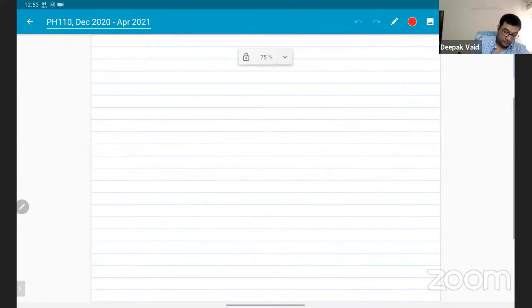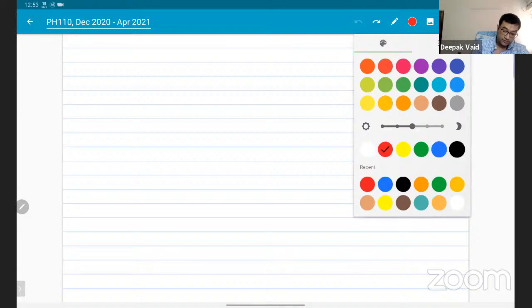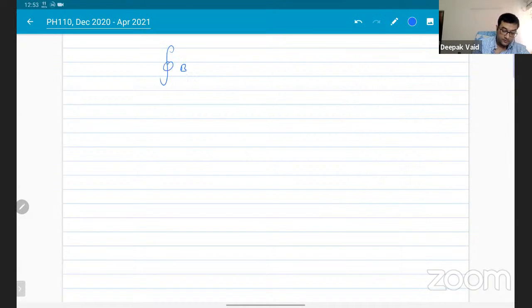So when I do this integral, what will I find for this B dot dl? I can approximately write it as B times the perimeter of that loop. Let me call it capital L, the total length of that loop.